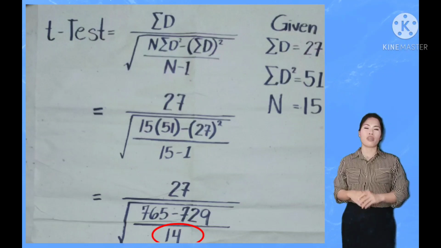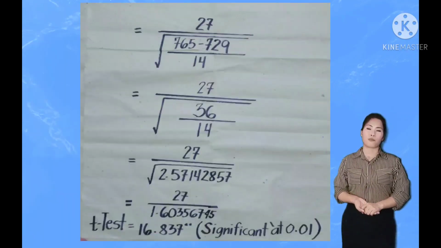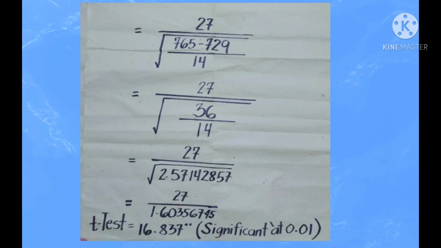We have now 27 divided by the square root of 765 minus 729, divided by 14. So first we need to solve 765 minus 729 divided by 14. 765 minus 729 is 36, so that is why we put 36 here.